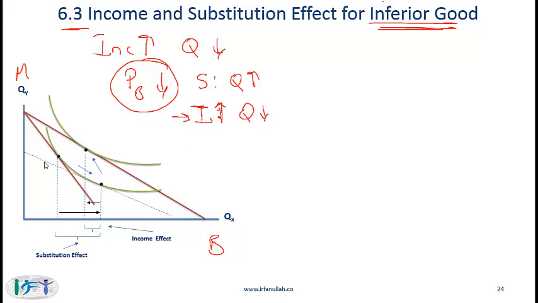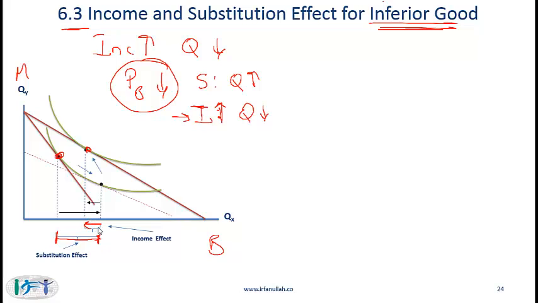and that's illustrated over here. This was our original budget constraint, and then the price of bread went down, so we have a new budget constraint line. This was our original tangency point, and this is our new tangency point. Here we have a substantial substitution effect. So from this point to this point is the substitution effect, and notice that the income effect then is in the opposite direction.